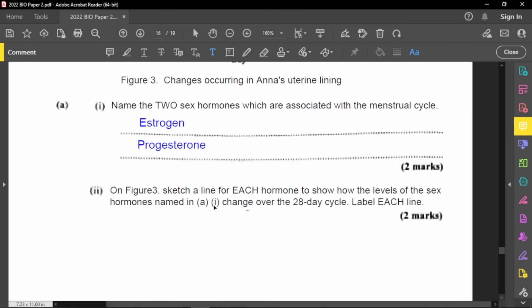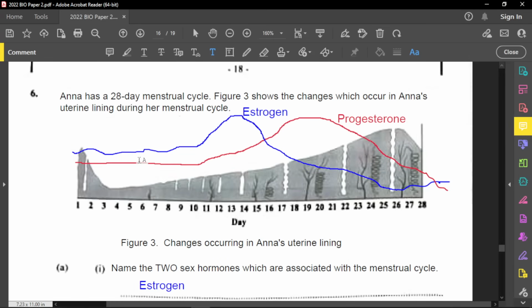All right, so it said on figure 3, sketch a line for each hormone to show how the levels of the sex hormones named in A1 change over the 28-day cycle. Label each line. And so labeling them, you'll notice that estrogen was a little higher than progesterone at the first part of the cycle. However, leading up to day 14, where ovulation is going to take place, estrogen will surge and then start to decline after that.